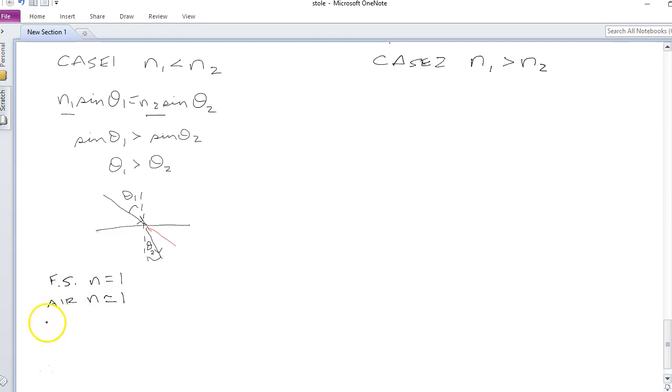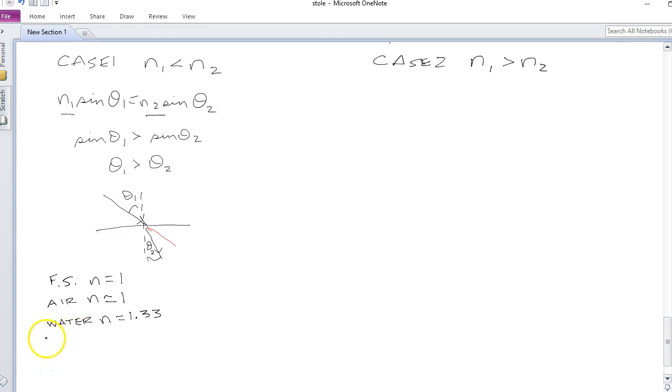Water is a common medium that light encounters. Again, this is not universally always water's index. What I'm trying to say is it's not always exactly 1.33. It depends what's in the water, what type of water, but we'll usually take 1 1/3.